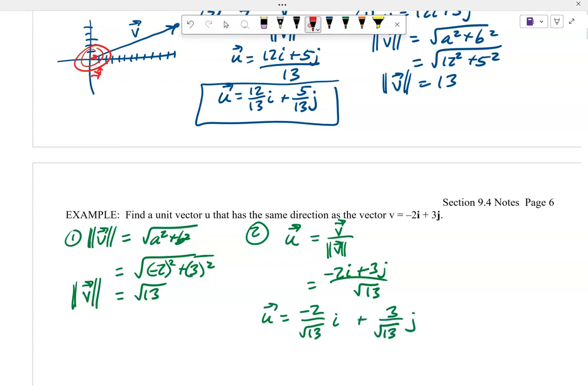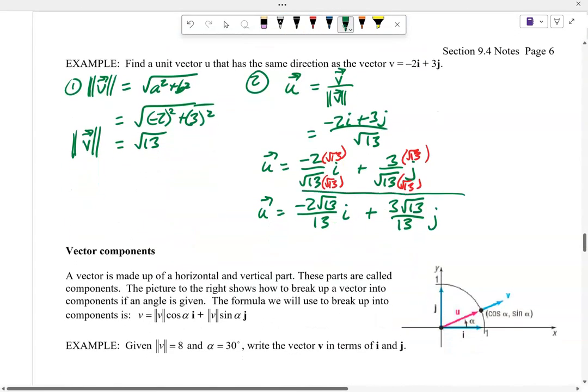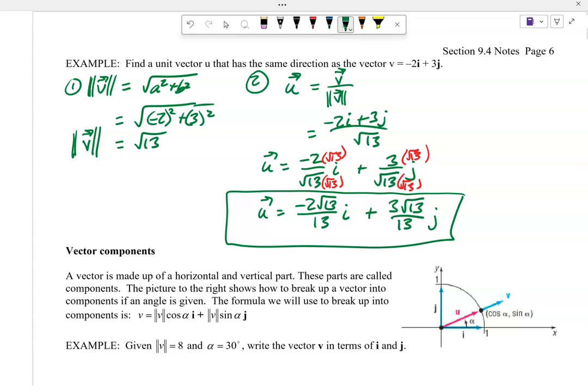I do want to rationalize that, so let's multiply by root 13 over root 13. Be proper about it and rationalize it. So vector u is -2 root 13 over 13 i plus 3 root 13 over 13 j. That's our unit vector for that one.